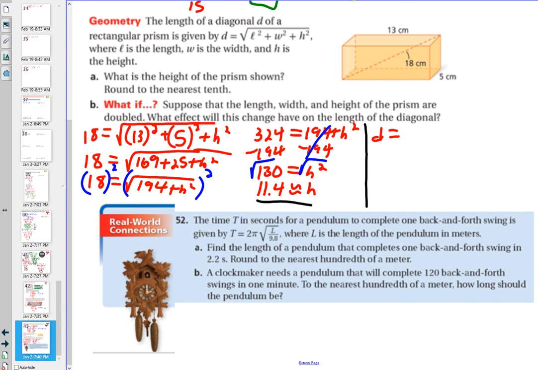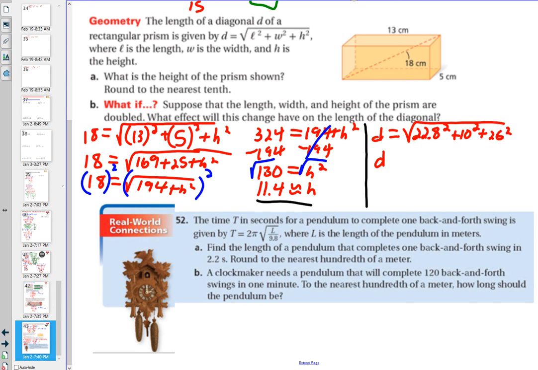So just for the purposes of this, let's use that rounded number, but we're talking about doubling it. What's double 11.4? It is 22.8. And we square that. Plus, the width was, let's say, 5. So 10, and you square it, and the length is 13.